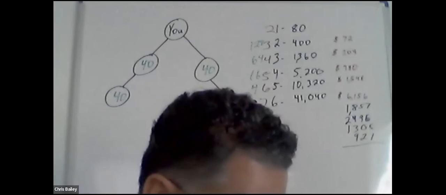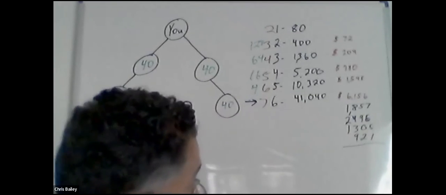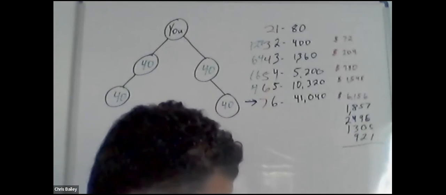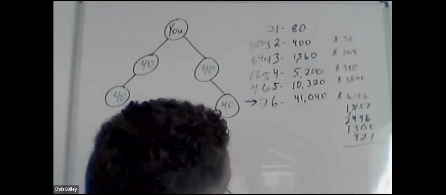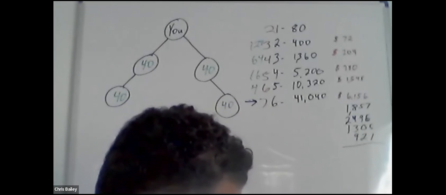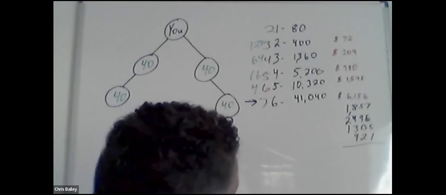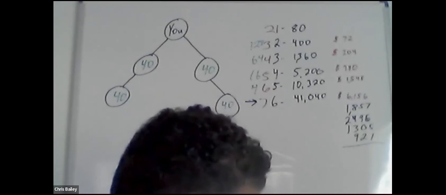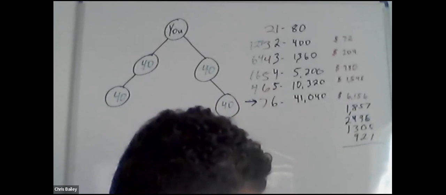So the total amount you would have gotten in this check would have been 6,156 plus 1,857 plus 2,496 plus 1,305.